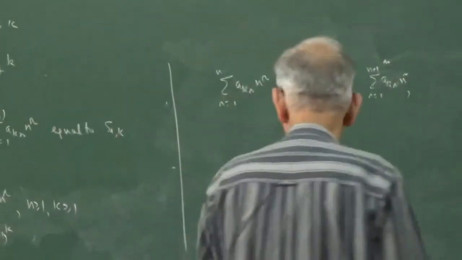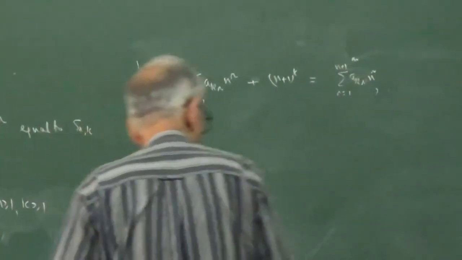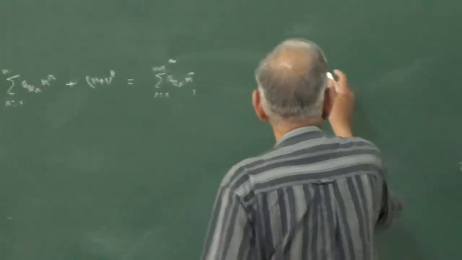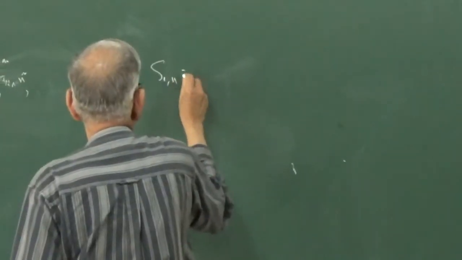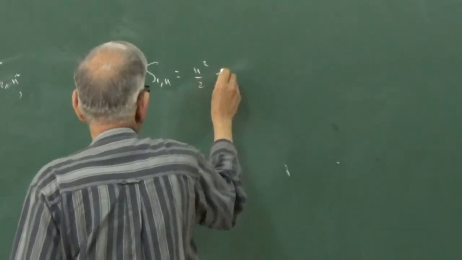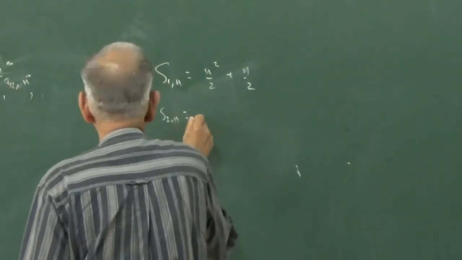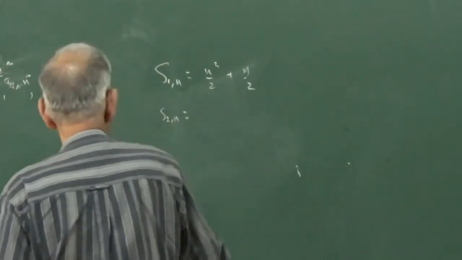So I'll write down the formula and then I will switch on to another subject. Just using that fact, here is S_n^1. We already know it is n squared by 2 plus n by 2. S_n^2, which is n into n plus 1 into 2n plus 1 by 6.